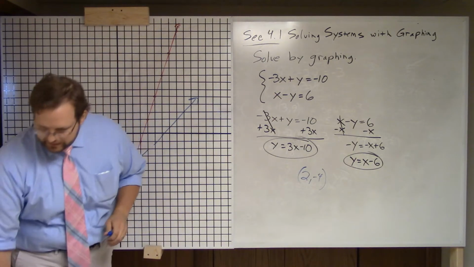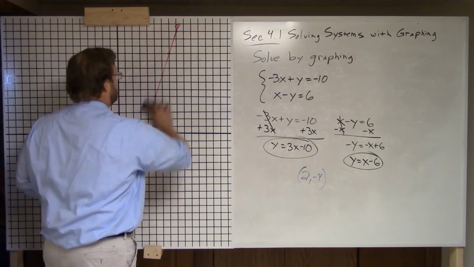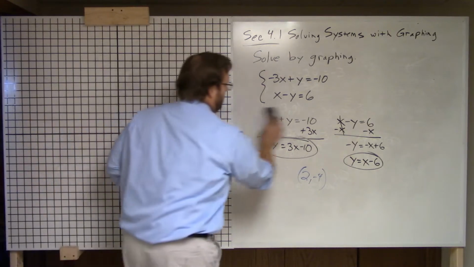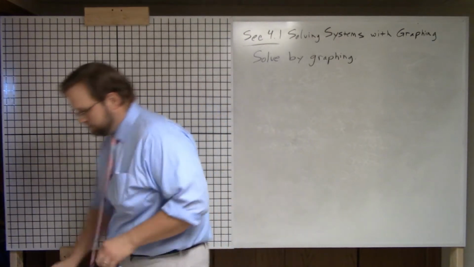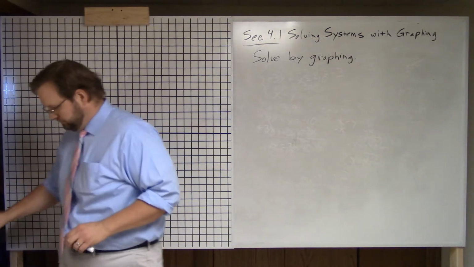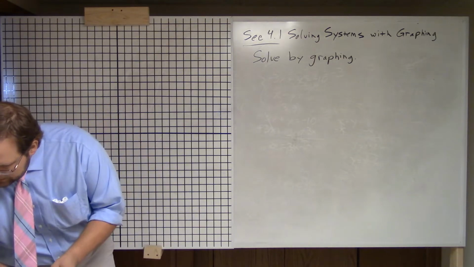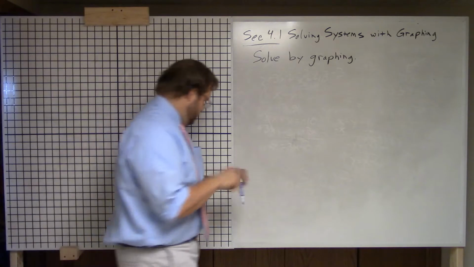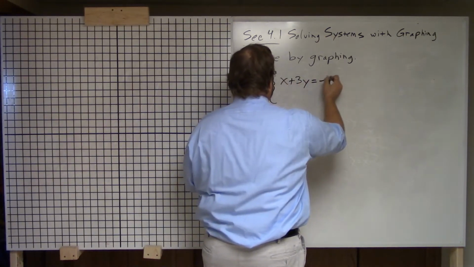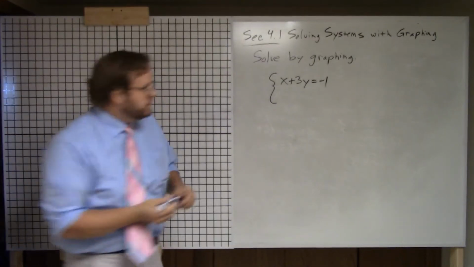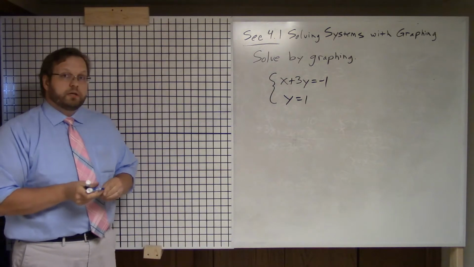Okay, let's look at a few more examples. Let's say we have x plus 3y equals negative 1, and y equals 1. So here's another system.